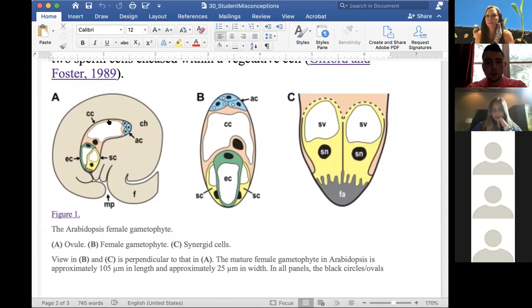I'm showing you this because I didn't see this labeled in your textbook. They didn't label the gametophyte inside your ovule, and I wanted to specify that for you in a separate figure.